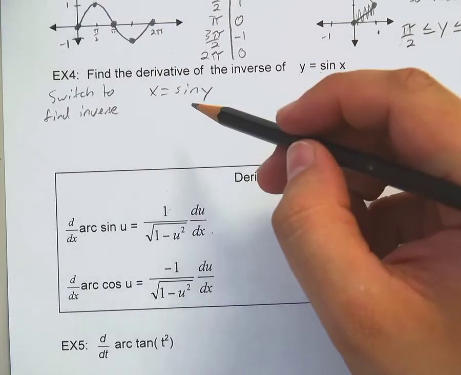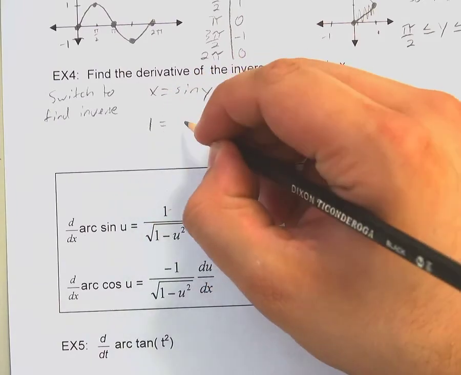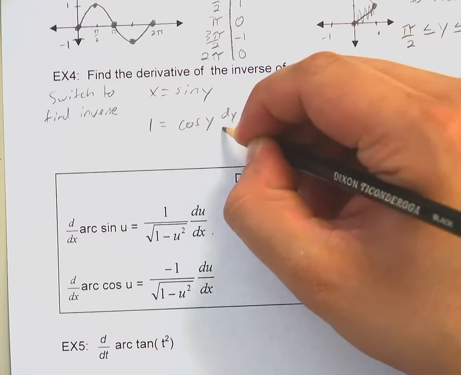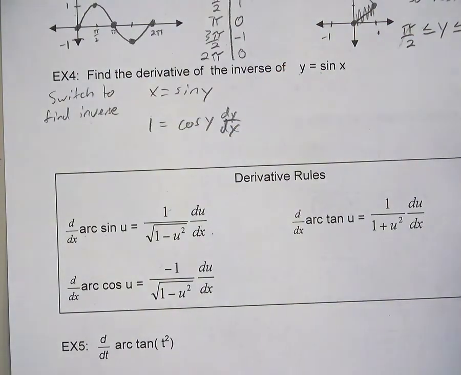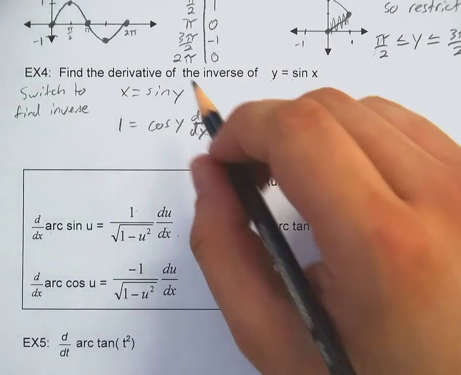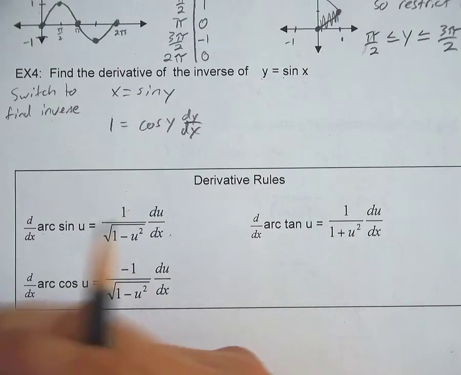So I'm going to take the derivative of this. I get 1 is equal to cosine y dy dx, right? So I switched the inverse, found the derivative, and here's where things get a little weird.